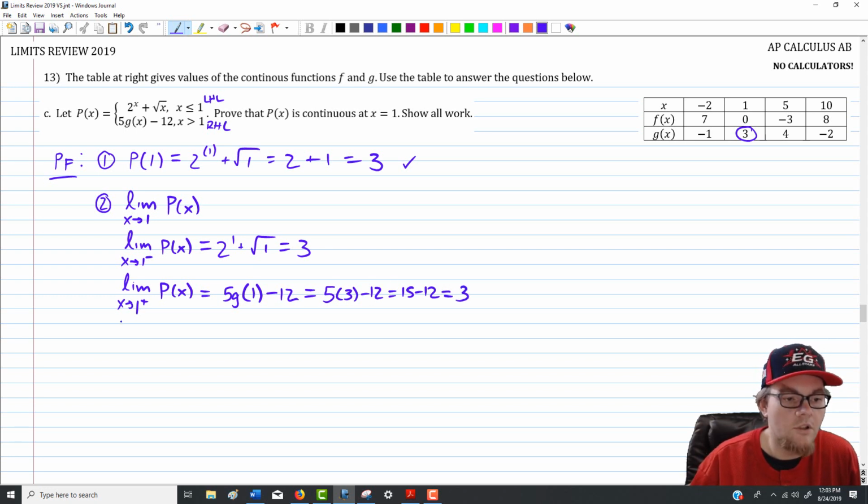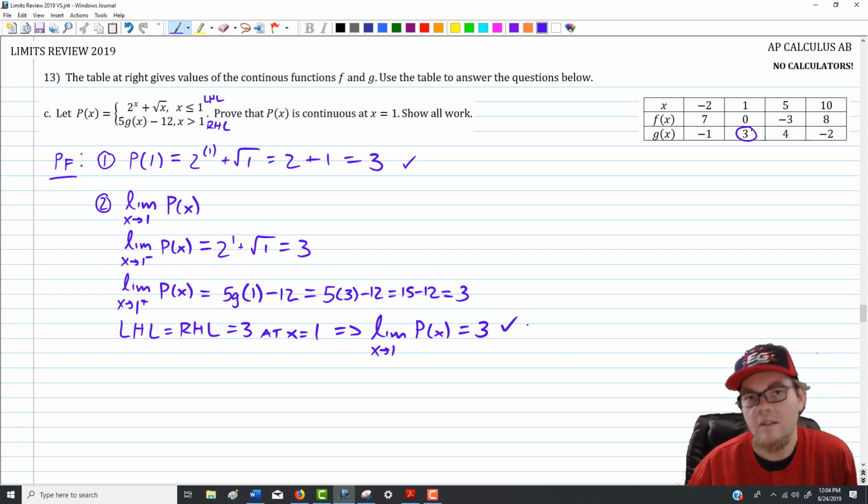So in this case, what we just showed was left-hand limit equals right-hand limit equals 3 at specifically x equals 1. And what that tells us is that our limit as x approaches 1 of p of x is equal to 3 as well. And 3 exists, so we're good to go.